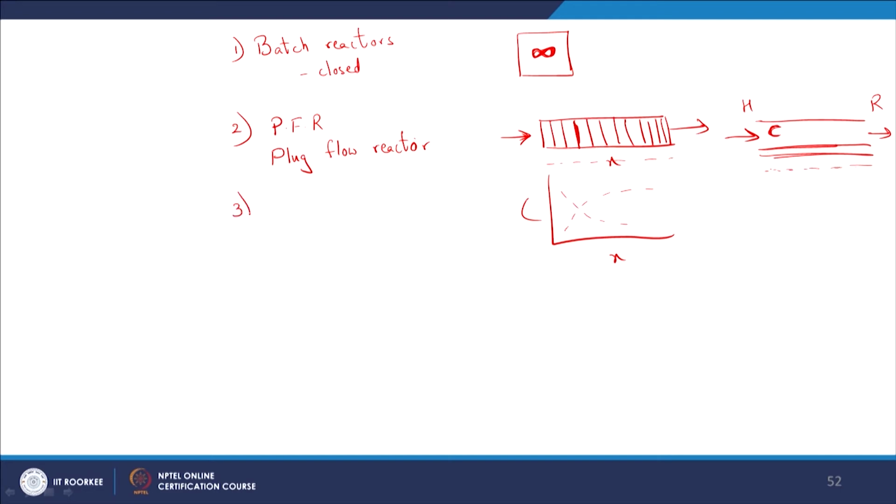And the third case which people usually come across is the completely mixed flow reactor or continuously stirred tank reactor, right. So you have 2 names for more or less the same thing.